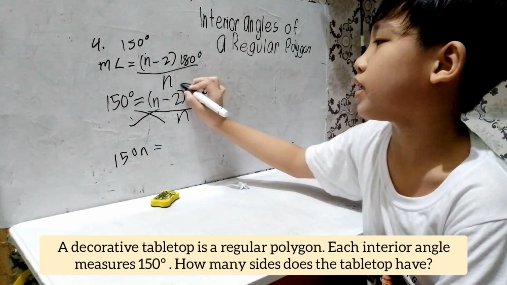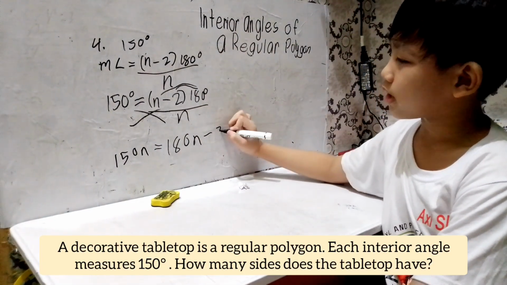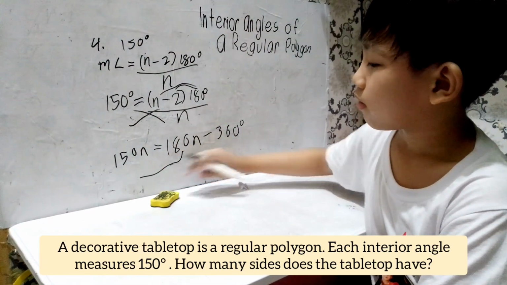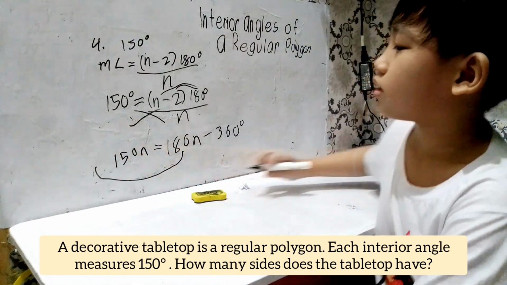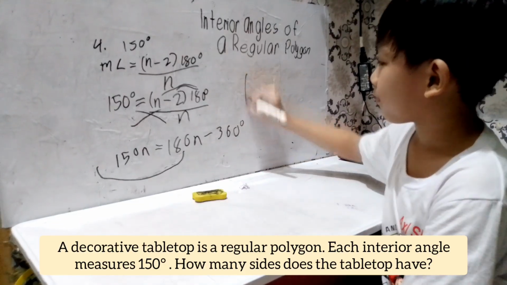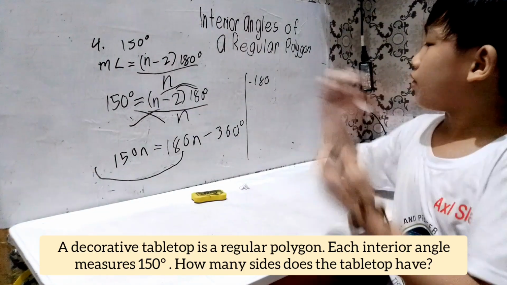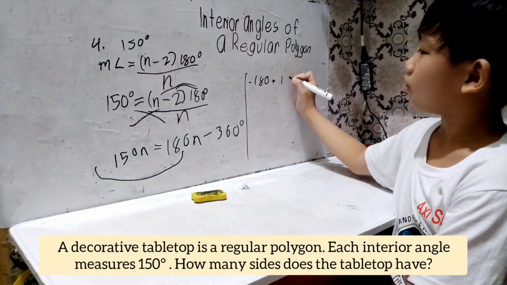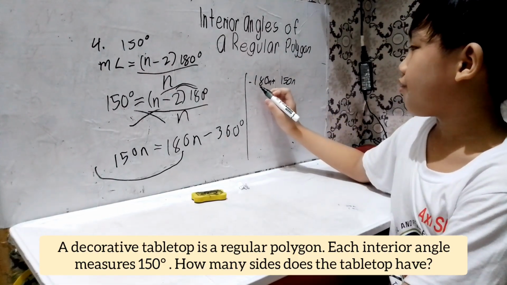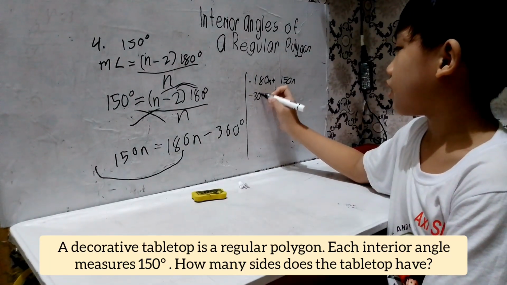Distribute 180 to n and 2. So 180n minus 360 degrees. Transpose 180n here. Since this is positive, it will become negative. Negative 180n plus 150n is negative 30n.